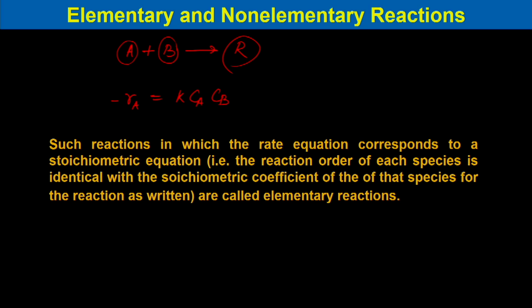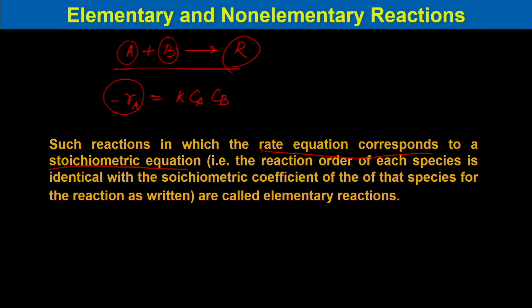In such reactions, the rate equation corresponds to the stoichiometric equation; that means the stoichiometric coefficient for A is 1 and for B is 1, so the power of the concentration term is raised to 1 for both A and B. If that happens, the stoichiometric equation and the rate equation match, and we can say this reaction is an elementary reaction.